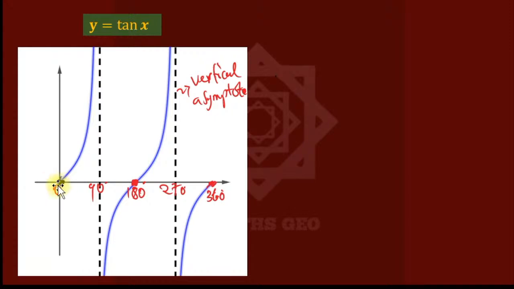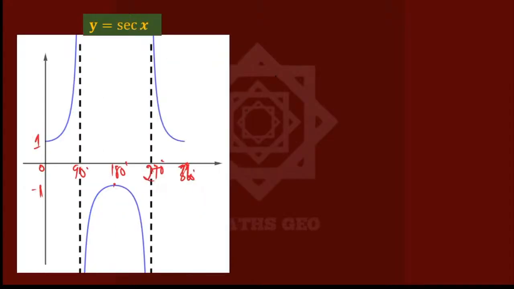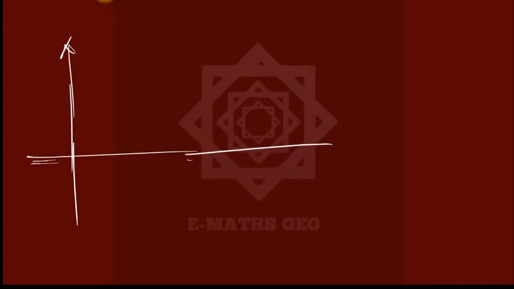Okay, let me just sketch before. Let's draw the tan first. So tan is always this. There is a vertical asymptote at 90 and 270.